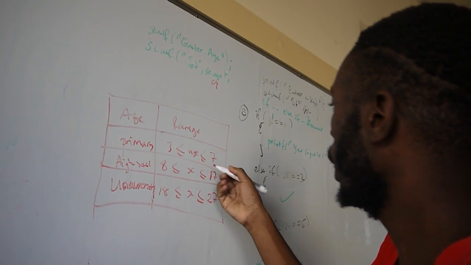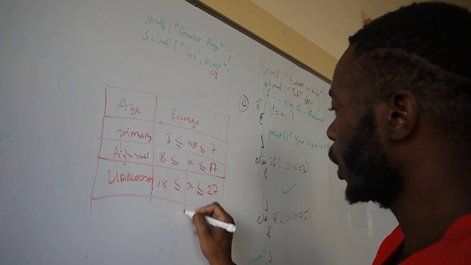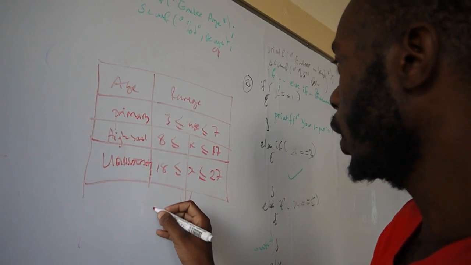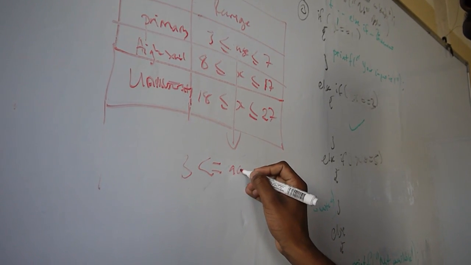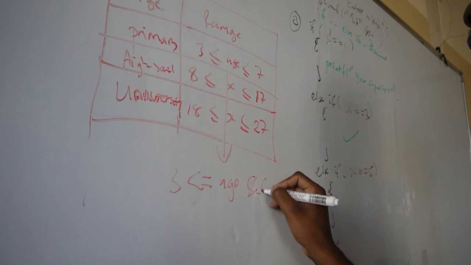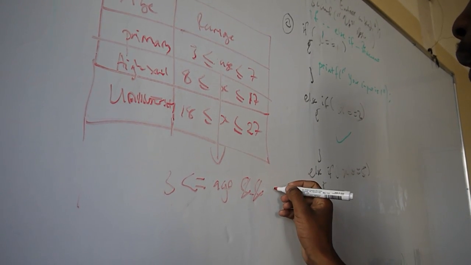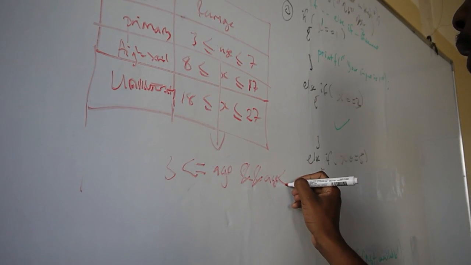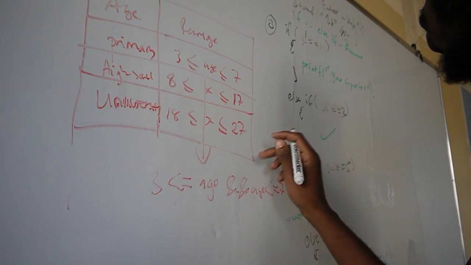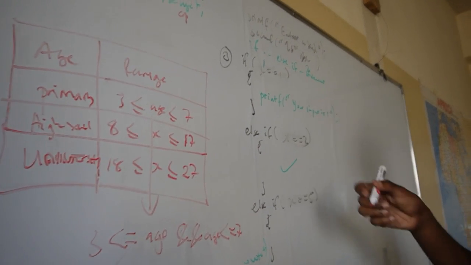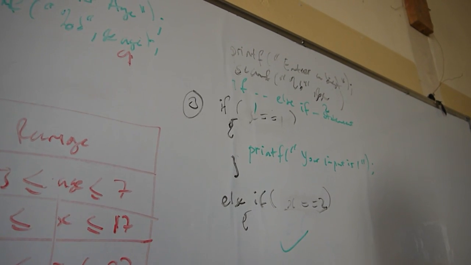So for this one we can come up with a condition that is 3 less or equal to age, and we use this operator, the and operator, and age is less or equal to 7. So we want to put this program here.